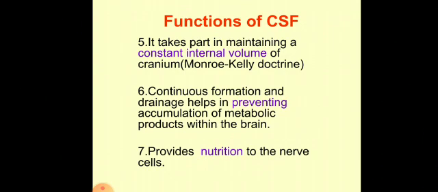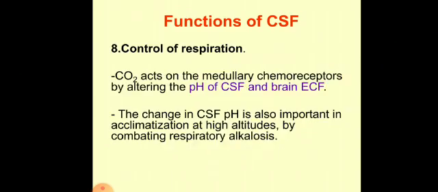That's very important. Number 6, continuous formation and drainage helps in preventing the accumulation of metabolic products within the brain. Seventh, it provides nutrition to the nerve cells.